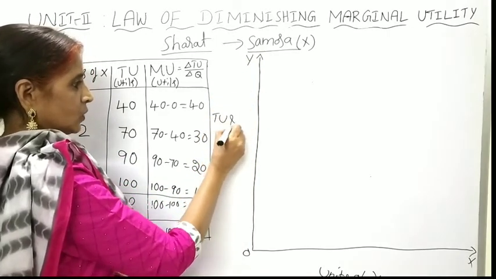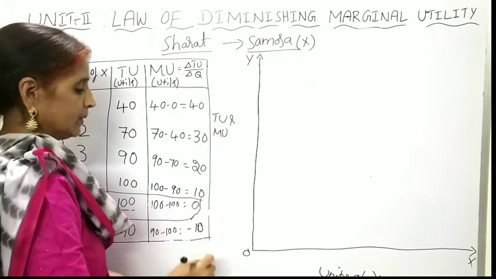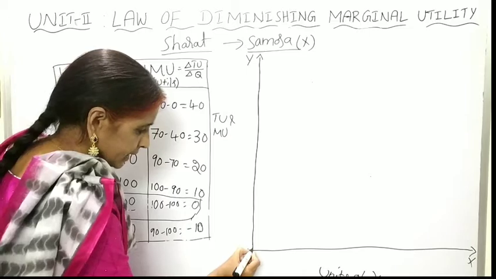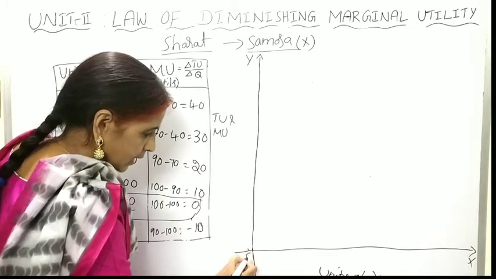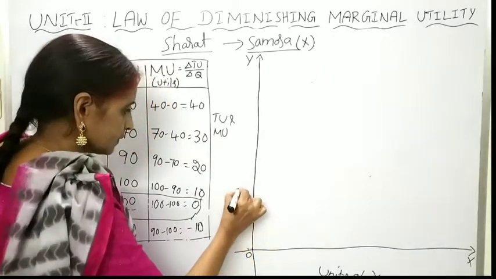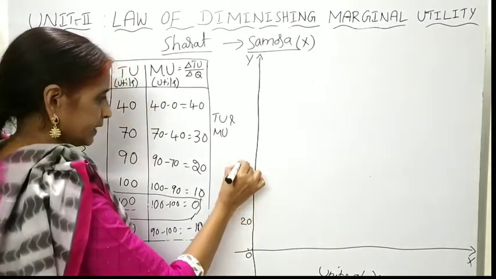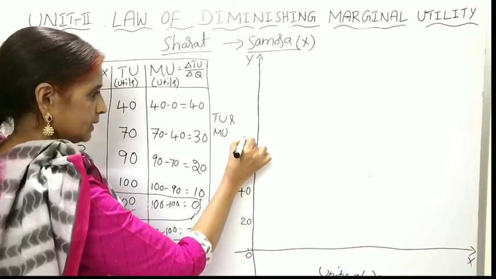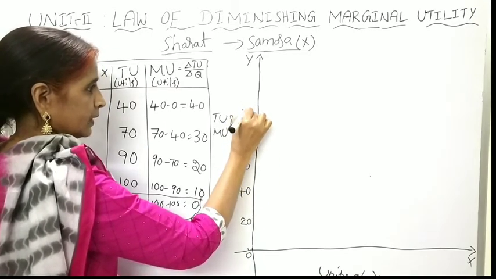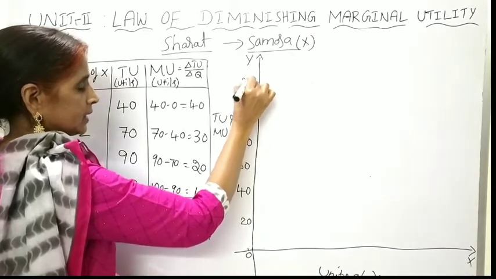On the y-axis total utility and marginal utility will be shown. Children, here MU will become negative now. That is the reason we have to show the negative values also. Okay, 20, 40, 60, 80, 100 and 120.